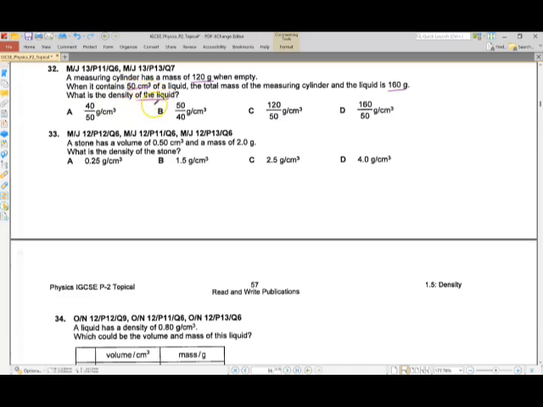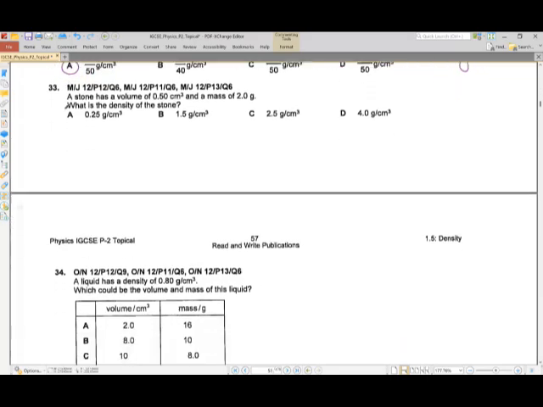But we need to find the mass of the liquid, which we can get by subtracting the initial mass from the final mass. This is going to give us 40 grams. So 40 over 50 would give you the density of this liquid. So option A is the correct option.